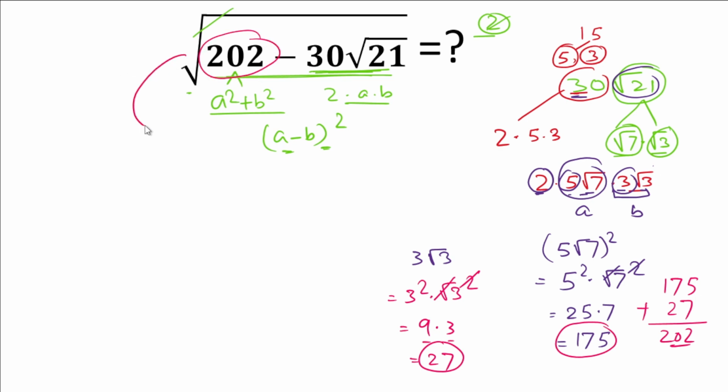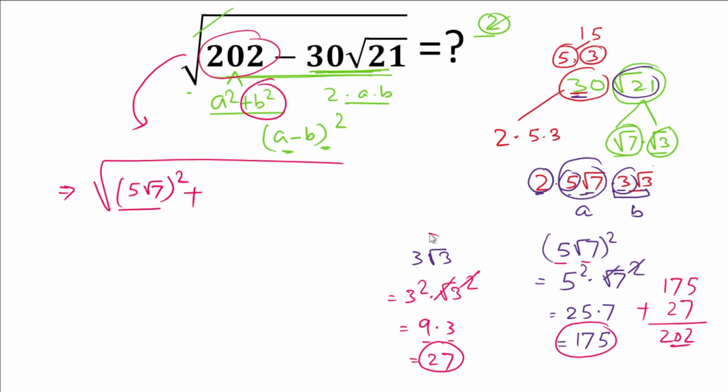Now we'll write this expression as a square root. The value here is 5 square root 7, so it is 5 square root 7 whole squared plus b squared. Here it is 3 square root 3 squared, minus 2 times ab that we have written here.